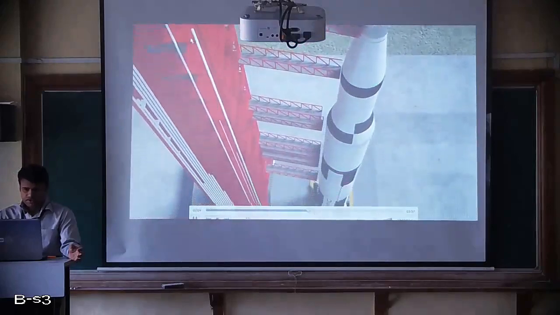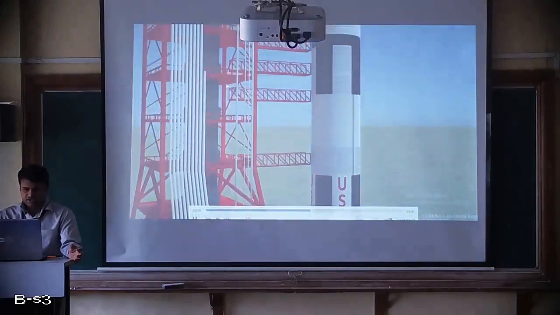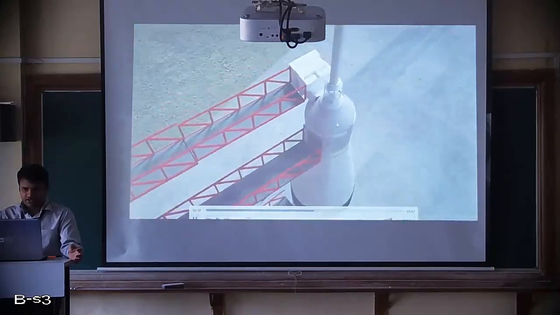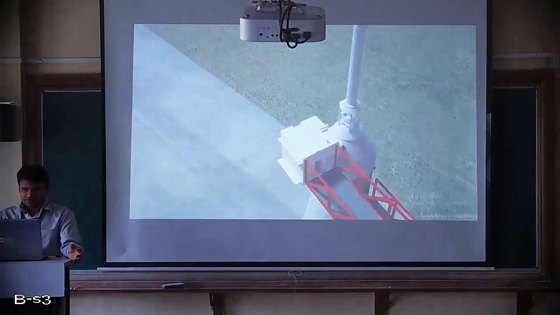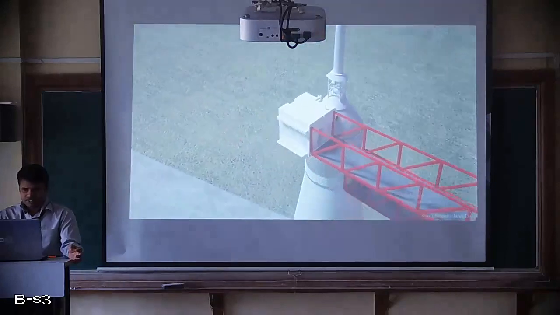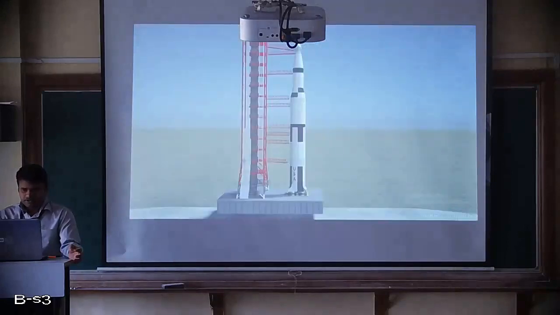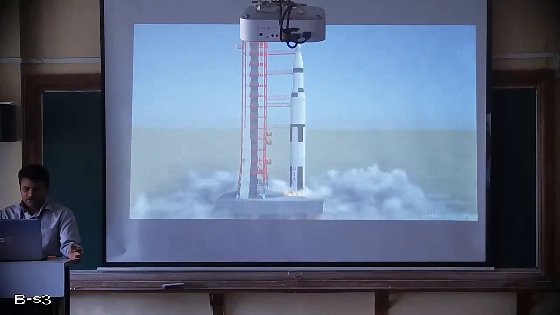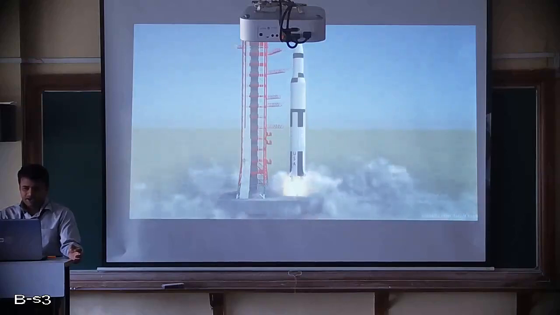This is the launching tower for the rocket, the red colored one, which is holding the rocket. That is the white room. Now these two things are going out, making the rocket free. Now you can see it is ignited and going up vertically.